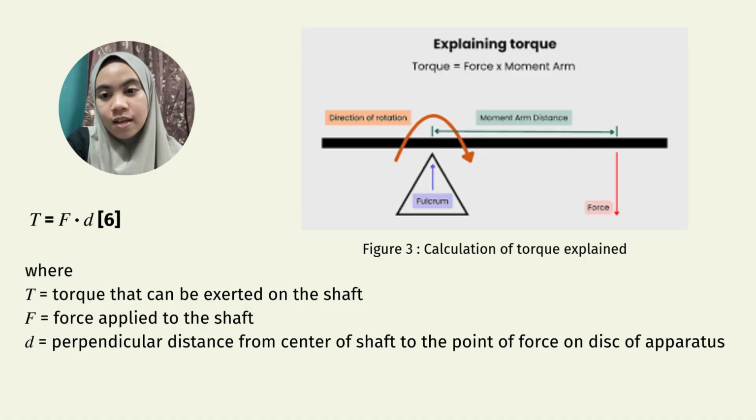And D, distance, is the perpendicular distance from the center of the shaft to the point of force on this apparatus. So for different loads and different distances, we will have different torque.